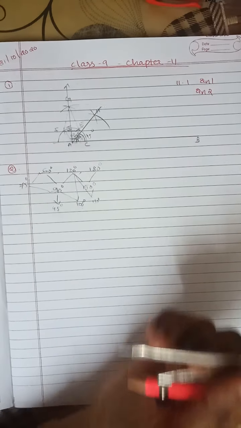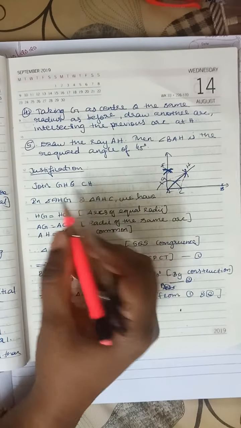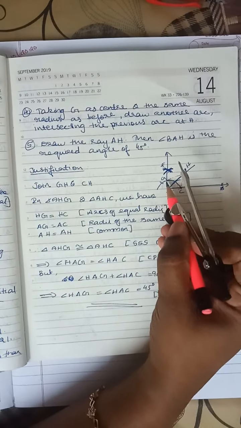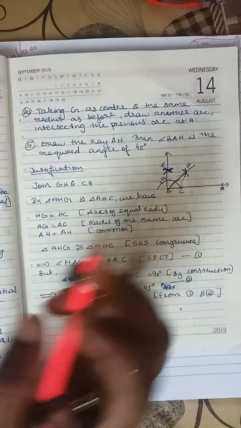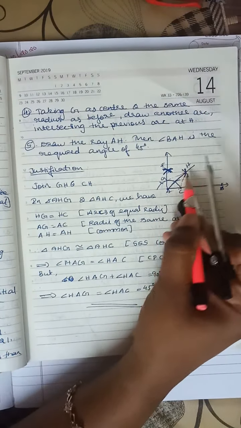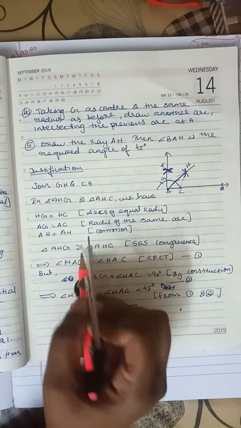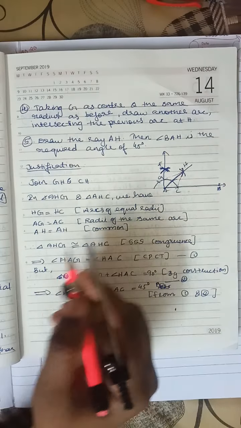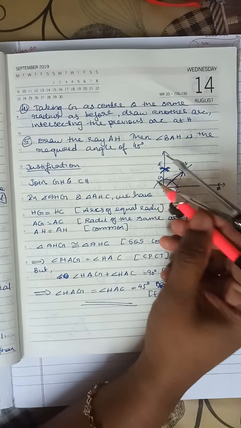For justification, how can you write the proof? First of all, we should join GH and CH, these two lines, then we will get two triangles, AHG and AHC. Try to prove these two triangles are congruent. We get HG equal to HC, arcs of equal radius, by construction.